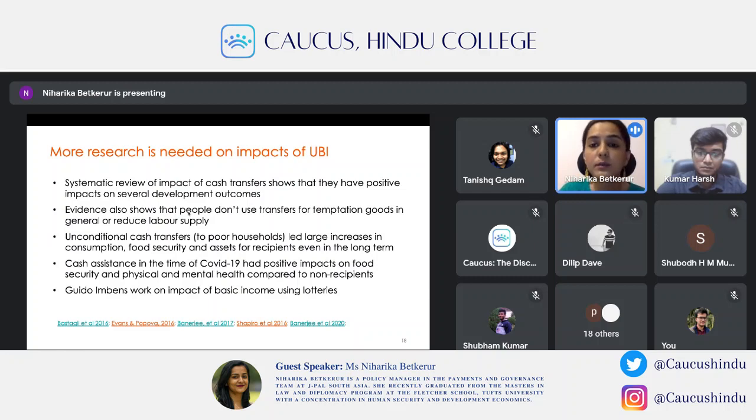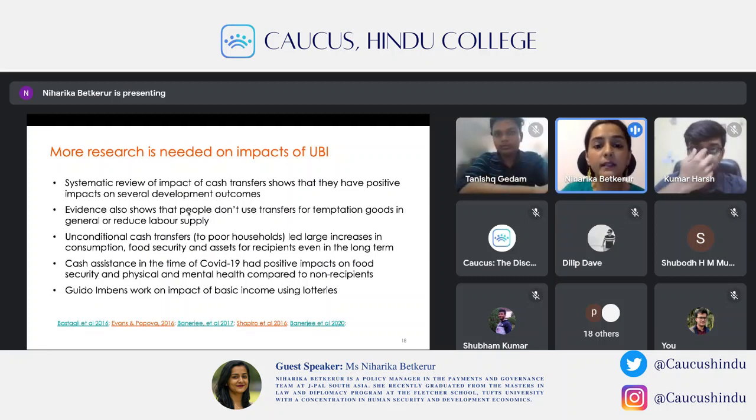And there's also the other concern of people not working as much because they are receiving this unconditional cash transfer, and that is also debunked because people either remain at the same levels or increase their labor supply in response to receiving transfers.